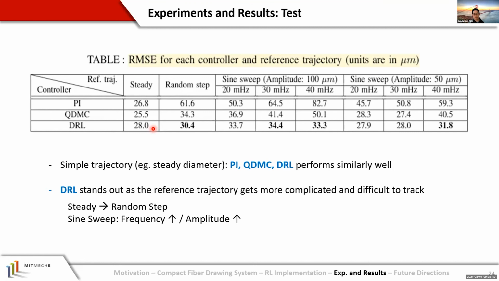For example, when the trajectory involves random step changes, or when the frequency or amplitude increases in the sine sweep trajectory. This means that the DRL enables more customized geometry of the fiber, and it also implies that it will enable more complex operations when applied to other similar processes.